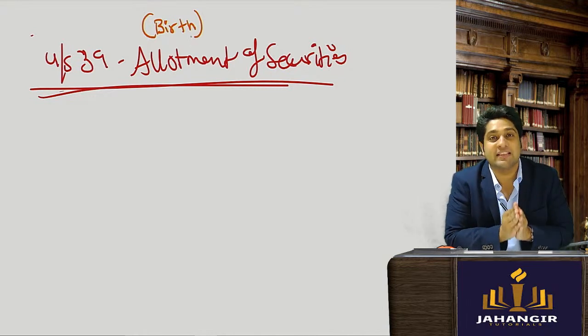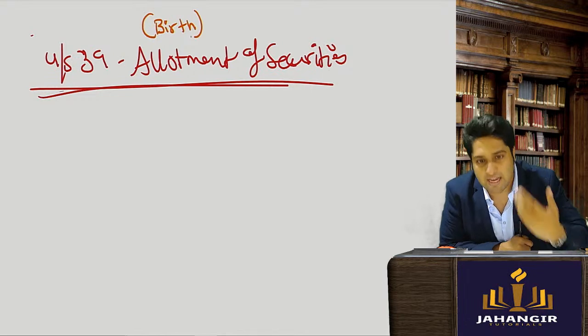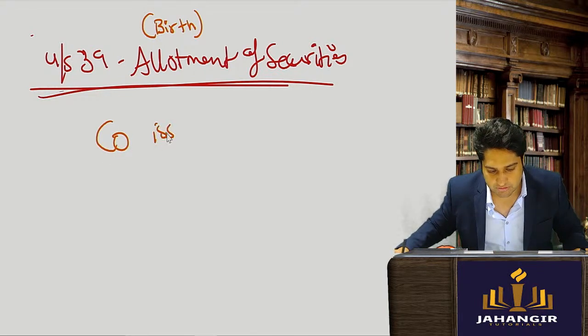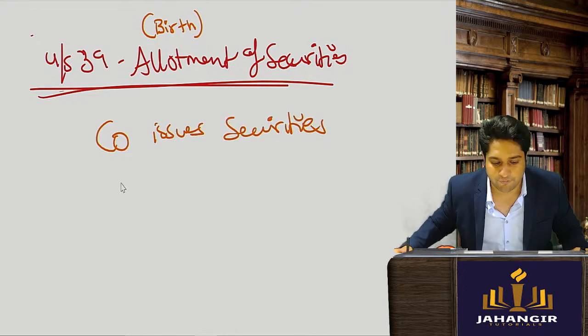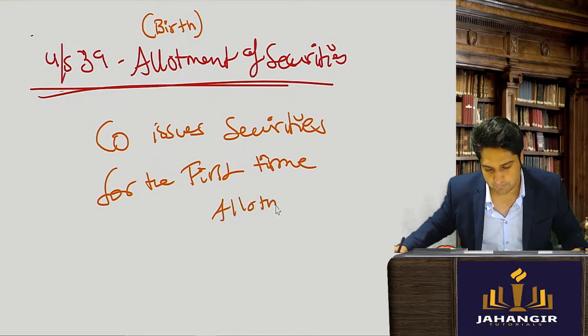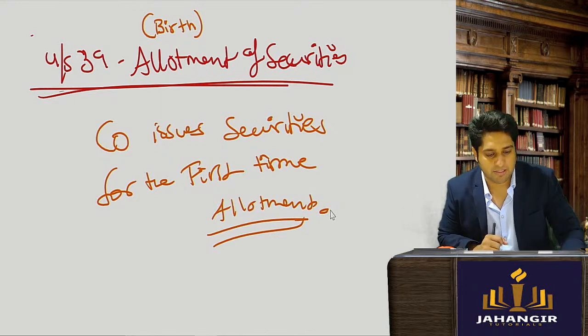So when the company issues securities for the first time, it is called as allotment. Concept clear?